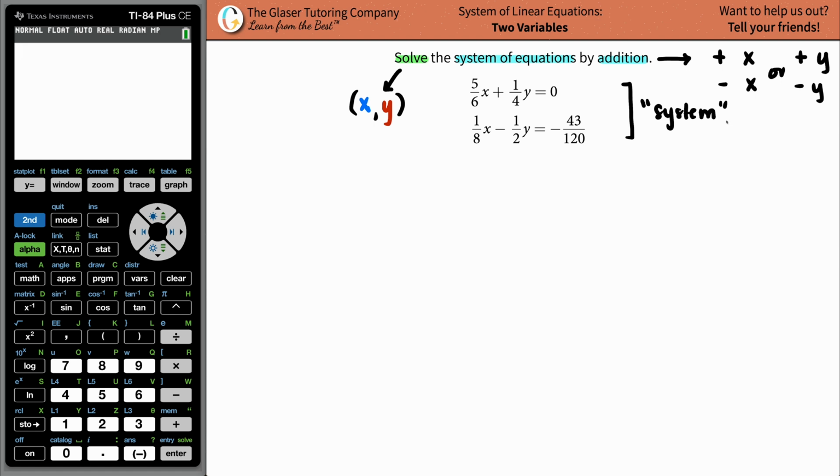So just choose the easiest ones that you can make fit. For the x's, this looks like a mess. We've got 5/6 and 1/8. I don't know off the top of my head how I can get an eighth into a 5/6 or a 5/6 into a 1/8, or what number they have in common. But if I look over to my y's, I first notice that one is positive and one is negative. Beautiful. In the addition method, one has to be positive and one has to be negative.